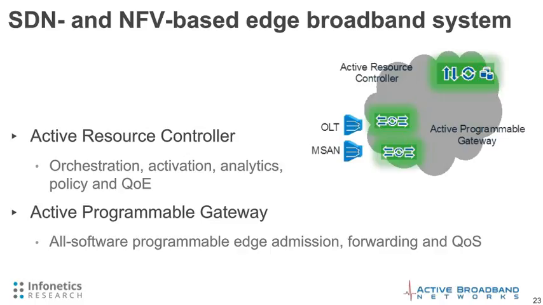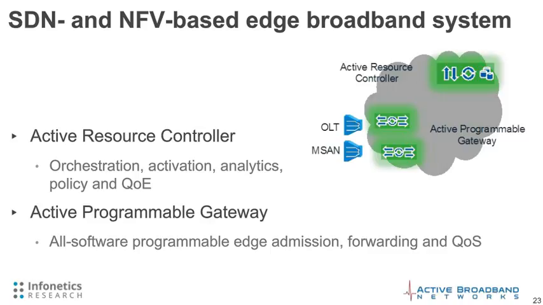But in order to automate, you have to have the programmability, but you need to be doing analytics, and you need to feed that back into policy in order to make quality of experience happen. So I wanted to just point out that ABN has these elements. It's not just the basic platform, but the rest of the elements of analytics and policy to ensure quality of experience that carriers want in their SDN and NFV platforms in order to achieve automation. You don't get it immediately, but these are elements that have to be built in. So I'll let you proceed.